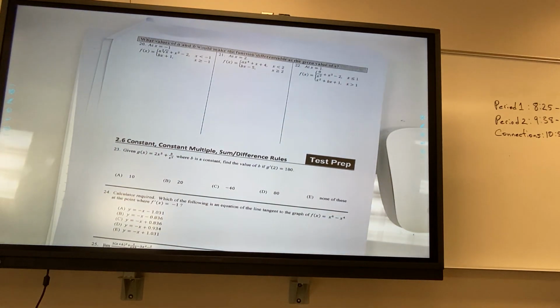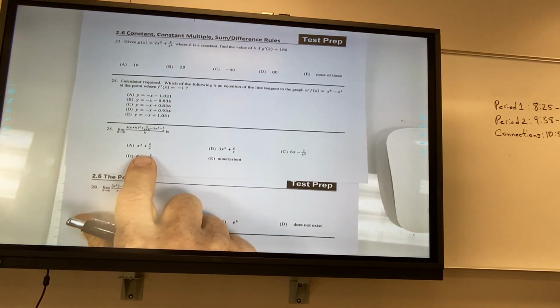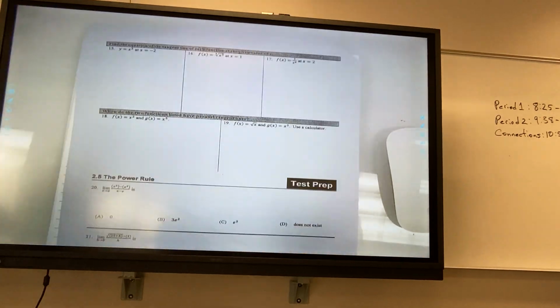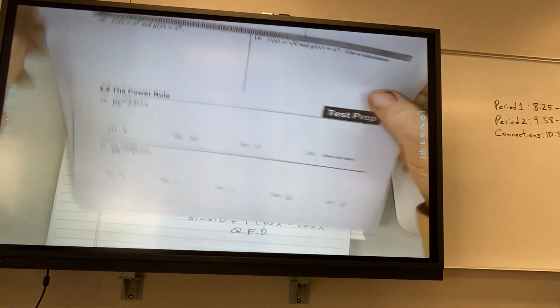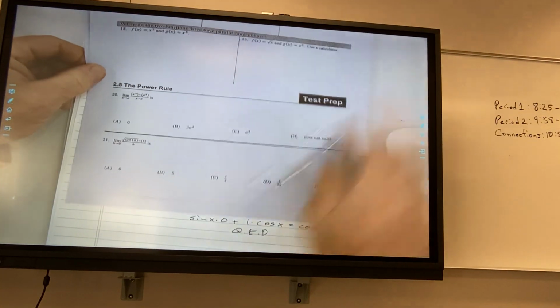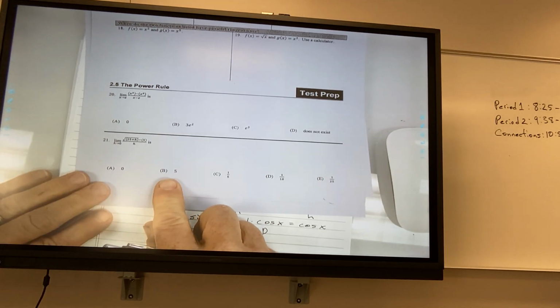So if I look at this problem right here, is this 2.5? Nope, this is 2.6. I want this problem right here. Is it 18? Number 20 and number 21. Okay, it's under the test prep.